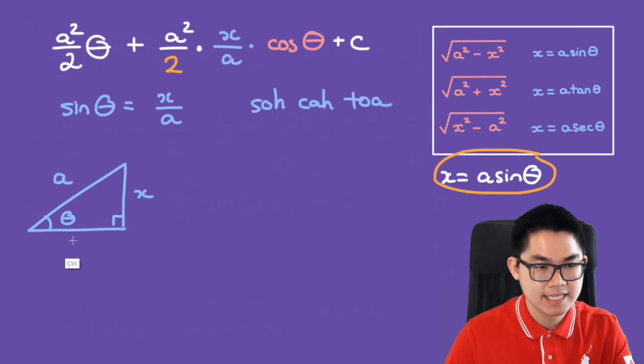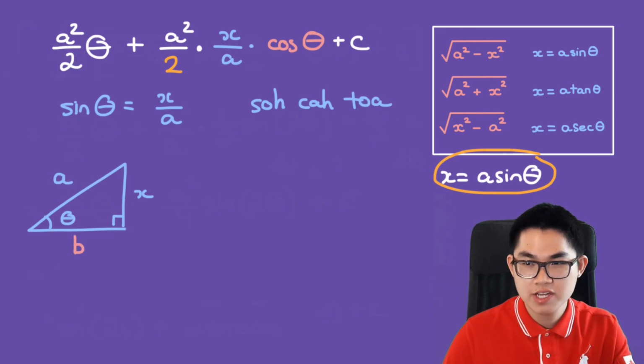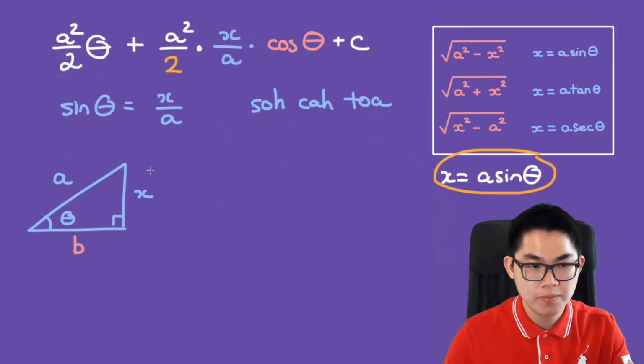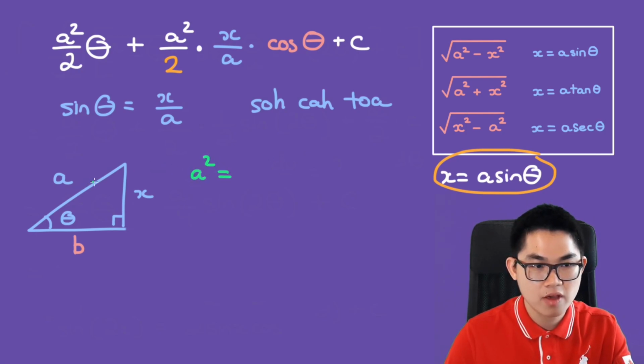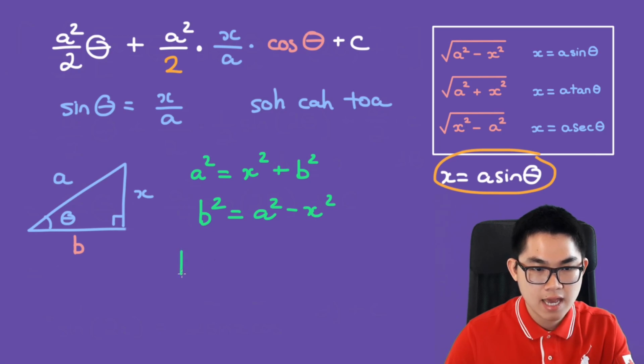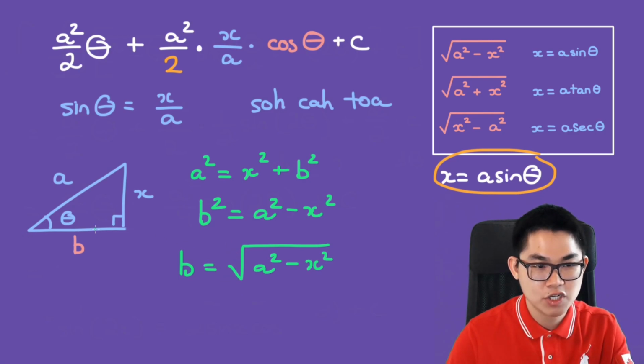We need to find this side, and let's call this side b. So according to our Pythagorean theorem, we know that a squared, or the hypotenuse squared, is equal to x squared plus b squared. And we're trying to solve for b. So b squared is equal to a squared minus x squared, and b is going to be equal to the positive square root of a squared minus x squared. And we're not considering the negative sign because the length of a triangle is always positive. So we only want the positive.